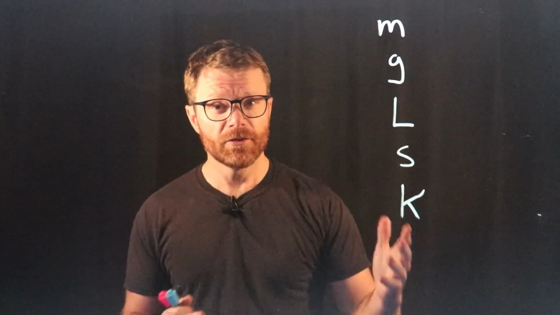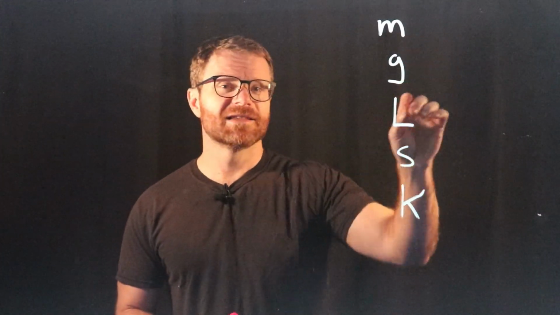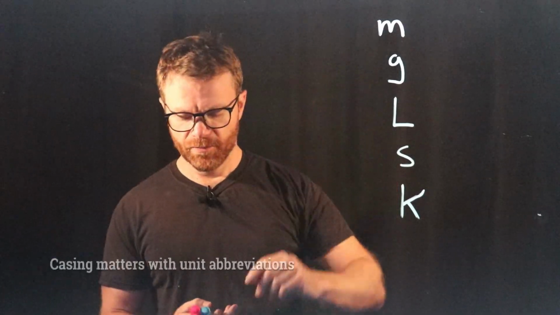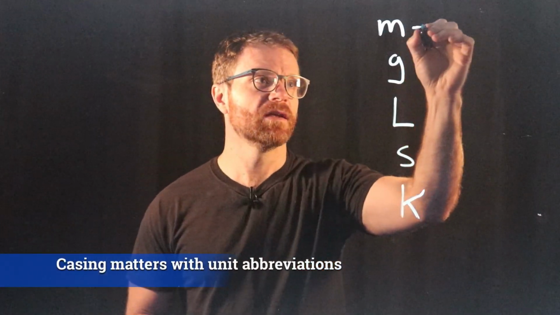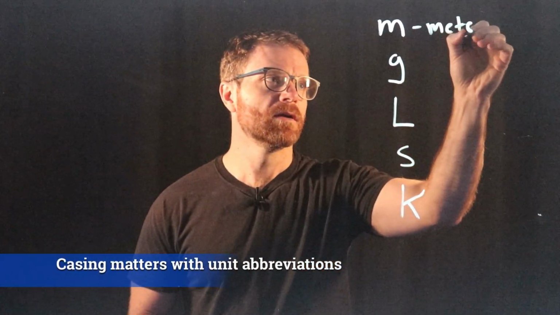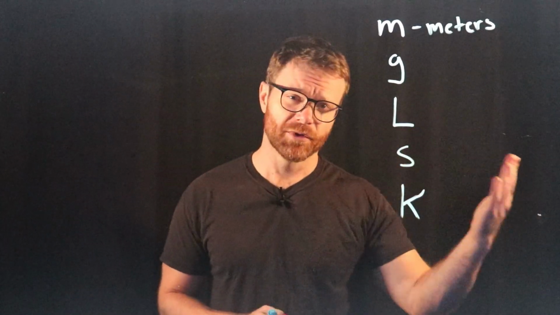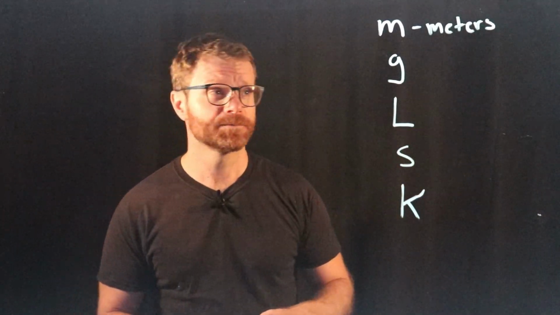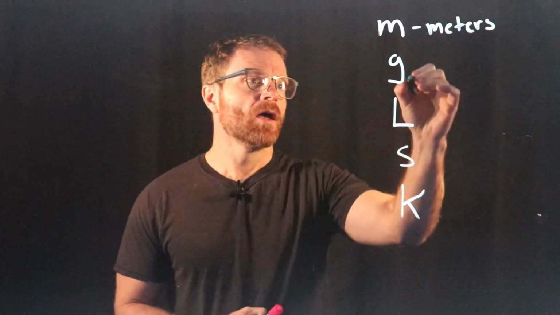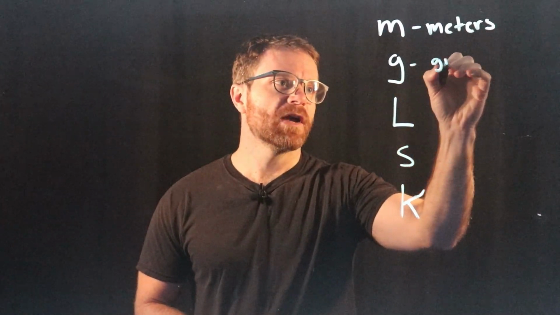Now, all of these units have these one-letter abbreviations. It's really important to note that with all your units and your unit prefixes, the casing matters. Lowercase m, as I said earlier, means meters. Capital M means mega, which is a prefix which means 1 million. Lowercase g is grams.